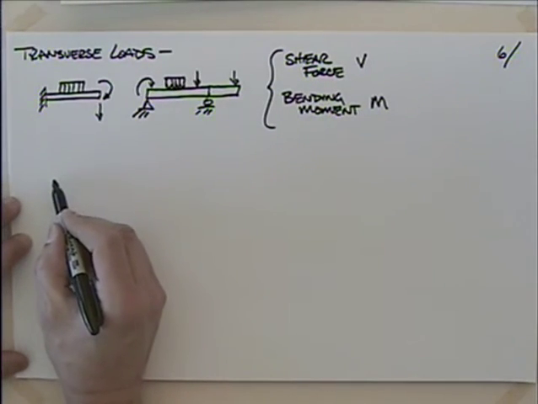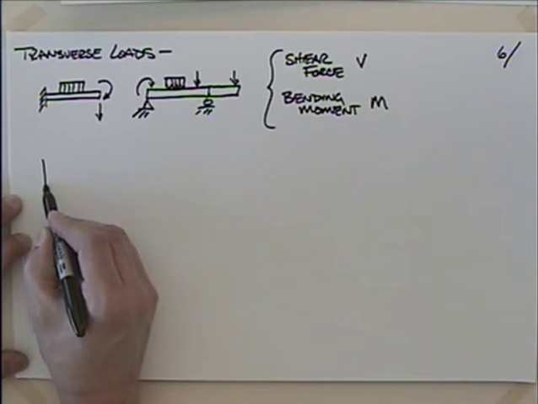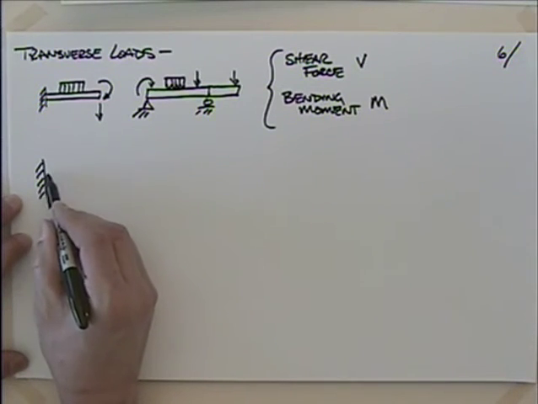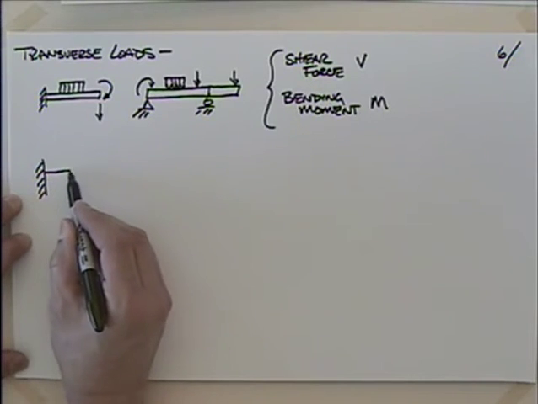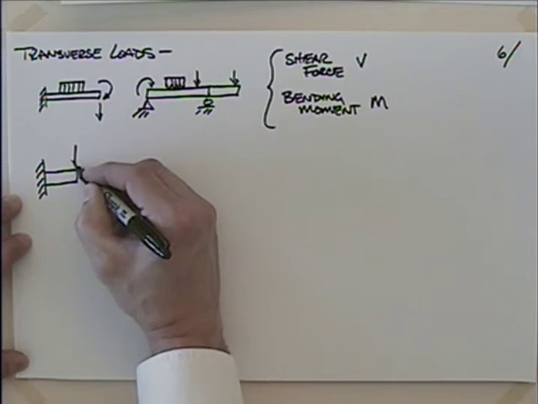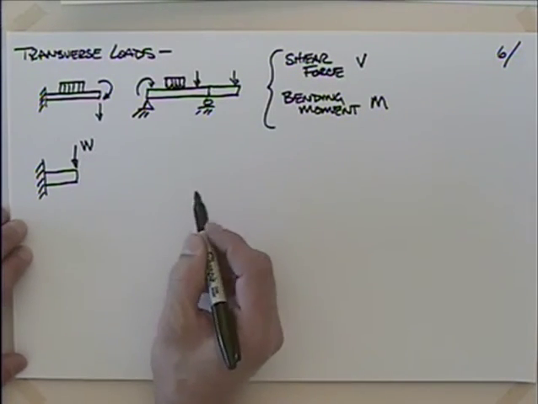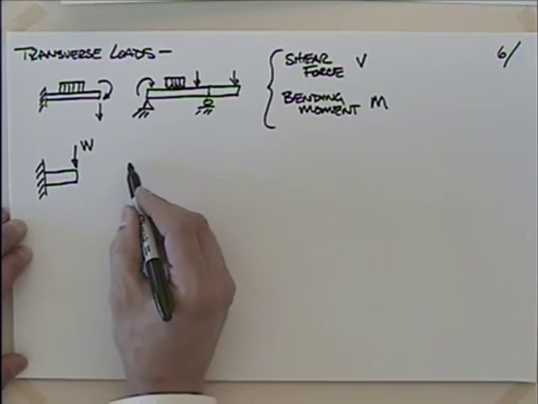Let's say that we take a really short cantilevered beam. We look at a cantilevered beam like this, and we apply a very large load to this. You could imagine that this might possibly fail.